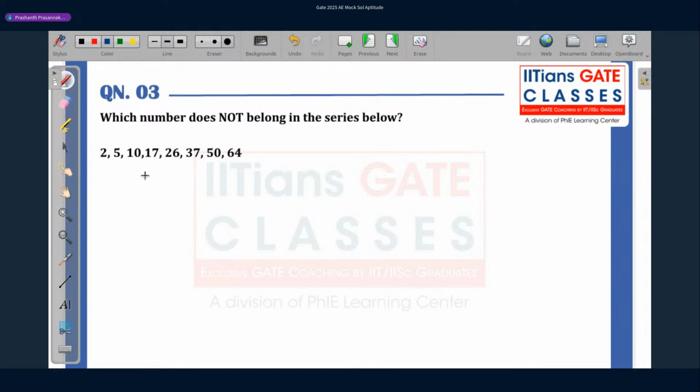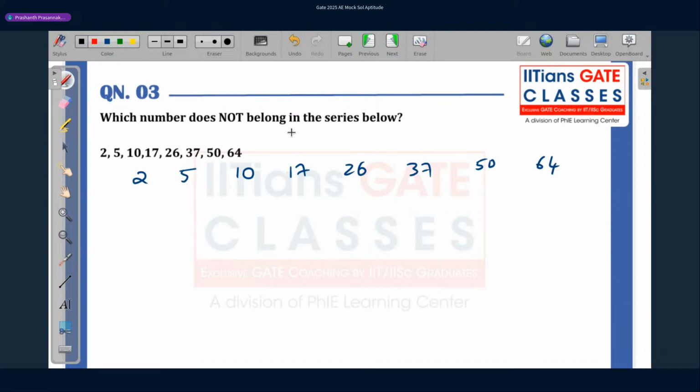Check it. So 2, 5, 10, 17, 26, 37, 50, and 64. If you look at the difference, it's 3, 5, and 7. The difference is not constant. And even if I take the ratio, I don't really see a clear pattern. 2.5, 2, and it's less than 2.